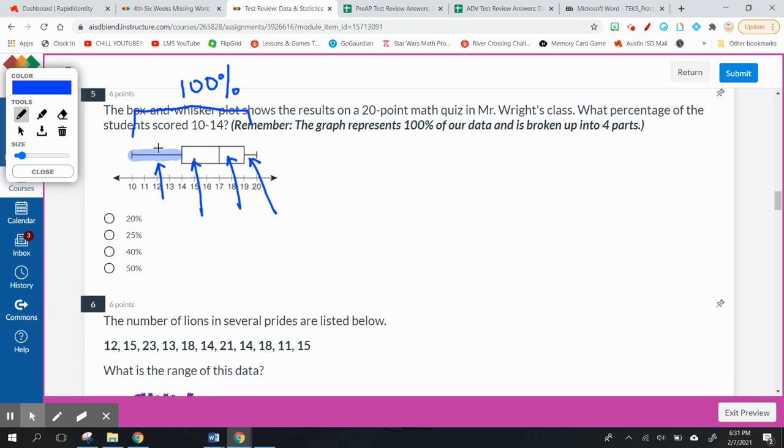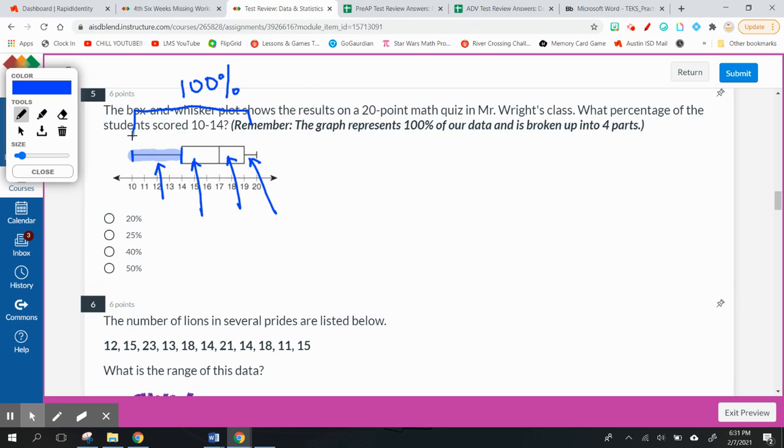If it's really broad, like we have here, that means that our data, our people, are really different from one another, right? We had that little section, super little, because a lot of people lived really close to Little Delhi. But then we had that really long whisker because that last 25% of our data, those people were very different in how far away they lived from Little Delhi.